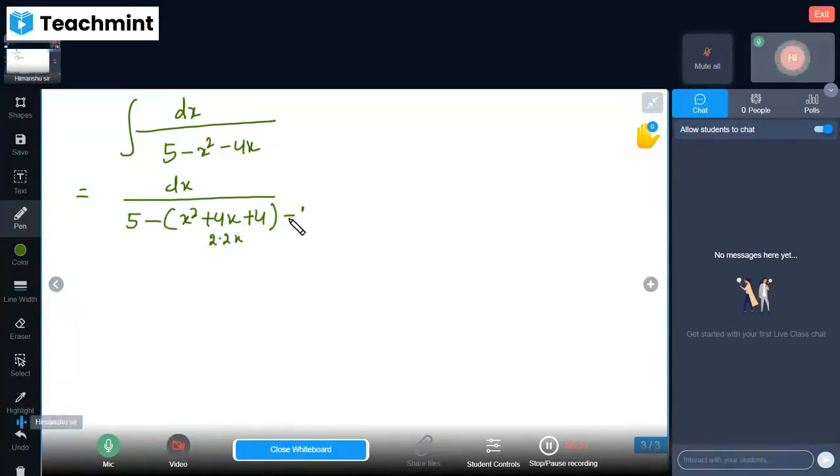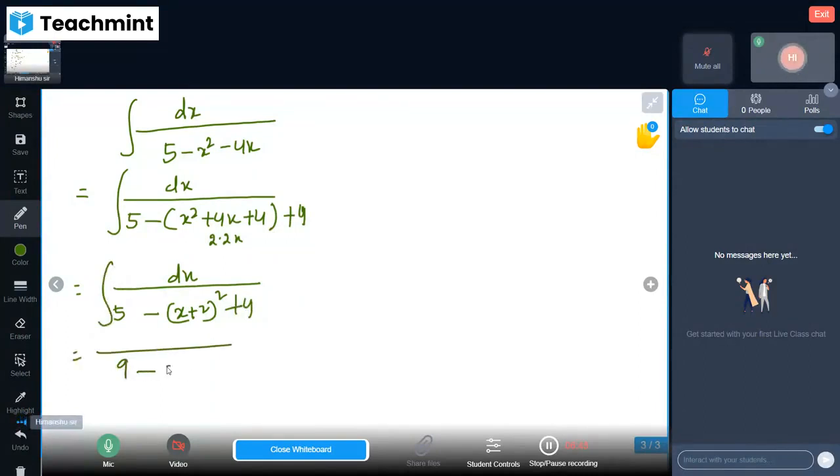It is negative, so let's write plus 4. Understood? So dx upon the square root of 5 minus x plus 2 whole square, but actually we are subtracting it, which is why I am writing plus 4. So 5 plus 4 becomes 9, so 9 minus x plus 2 whole square.